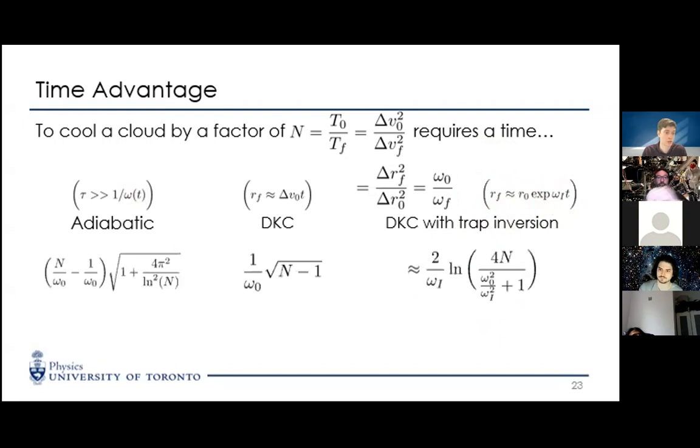And it turns out all of these expectations are approximately right. The expansion in the inverted oscillator goes like log of the cooling factor, delta-kick cooling goes like the square root of the cooling factor, and this coefficient here for the square root is approximately linear in the cooling factor.